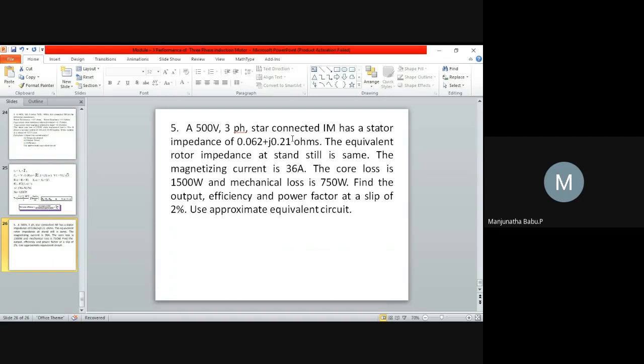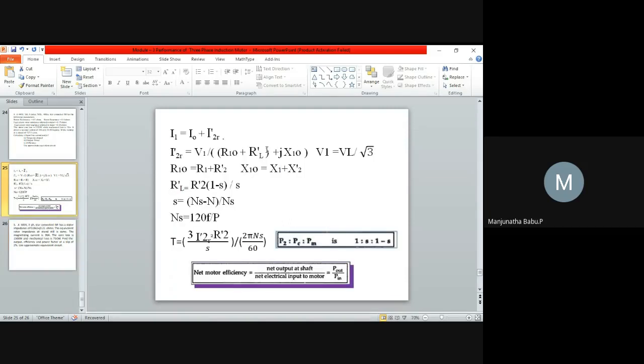Now substitute in the equation. Before substituting, we must find RL dash. RL dash is equal to R2 dash into (1 minus S) divided by S. R2 dash is equal to 0.062 into (1 minus slip), and the percentage slip he has given us is 2%, so 0.02, divided by 0.02.